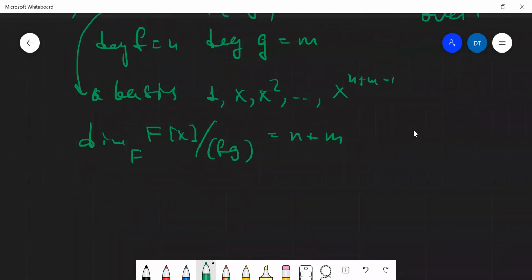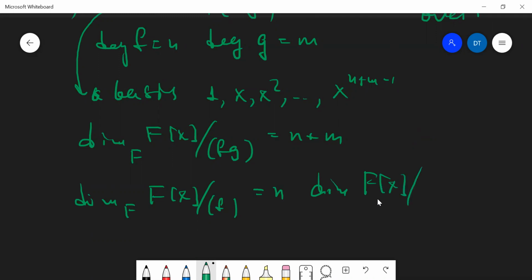In a similar way, f of x quotient f is a vector space over F, and its dimension is n, the degree of the polynomial f. And the dimension of the quotient by g is m.